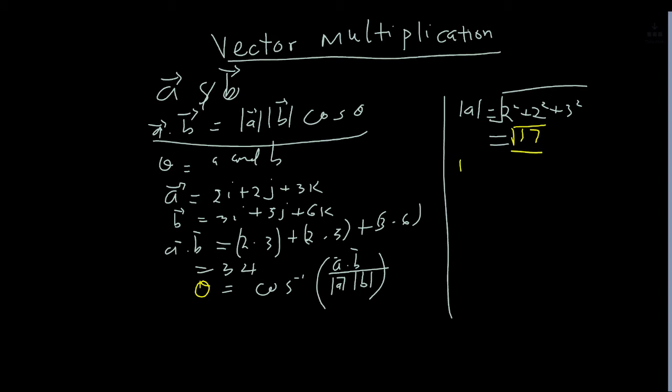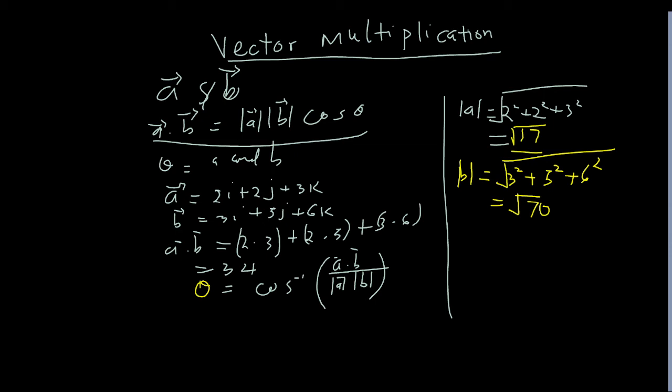Then the magnitude of vector B is 3 squared plus 5 squared plus 6 squared, then we find the square root. 3 squared is 9, plus 5 squared is 25, plus 6 squared is 36, and this gives us the square root of 70.